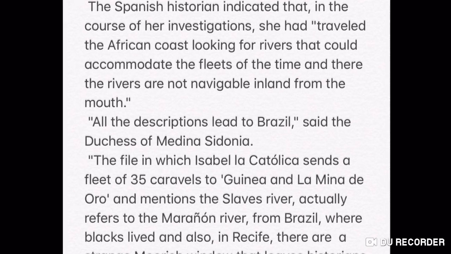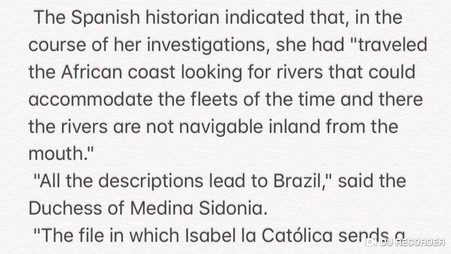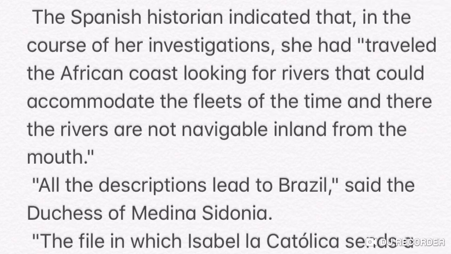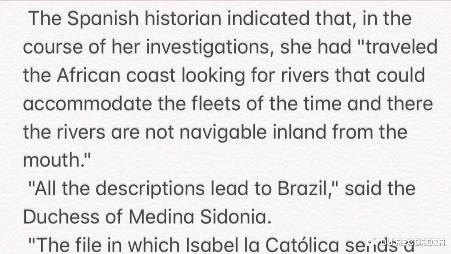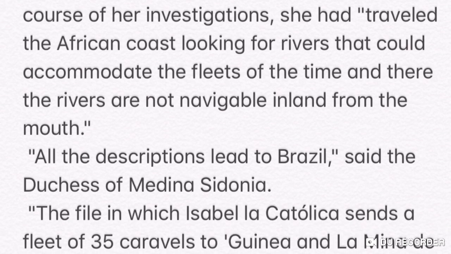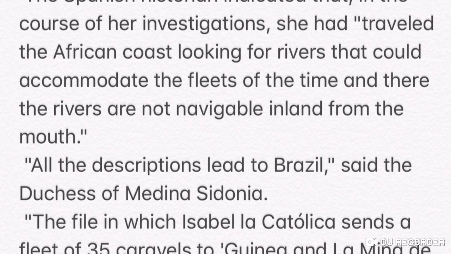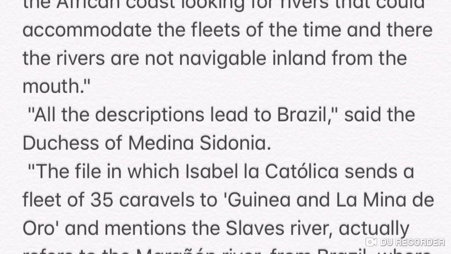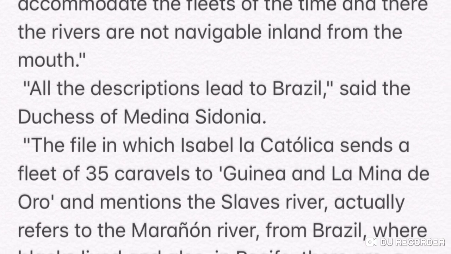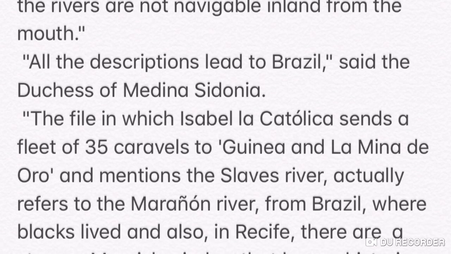Let's continue. Let's get into why and some more evidence. The Spanish historian Alvarez indicated that in the course of her investigation, she had traveled the African coast looking for rivers that could accommodate the fleet of the time, and there the rivers are not navigable inland from the mouth.